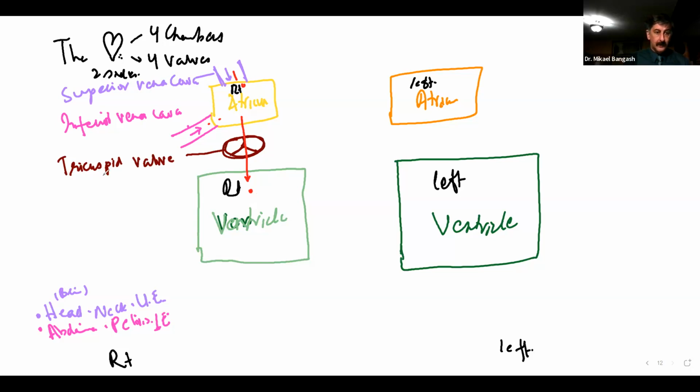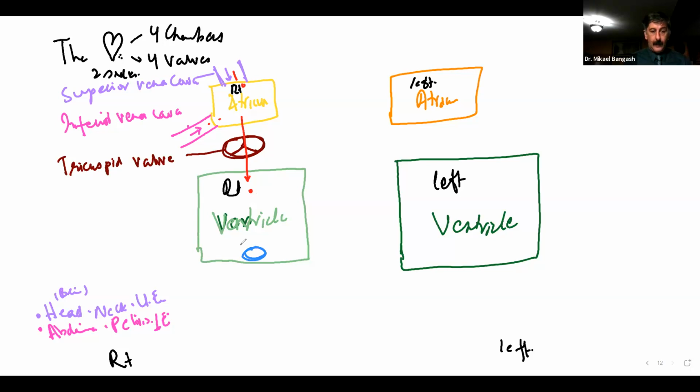Well, let me just do it this way. And say there's going to be a valve here. Not here, but I said it's diagrammatic, so we have enough room here.